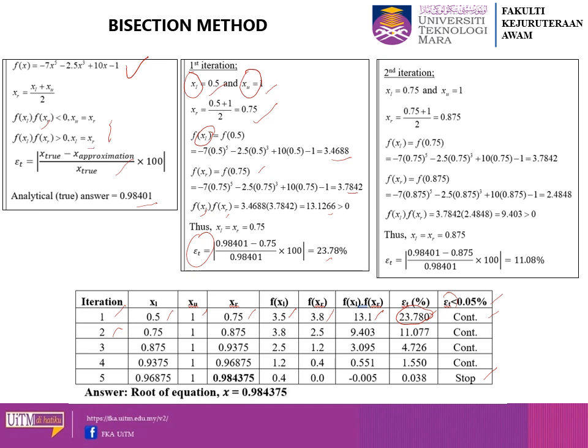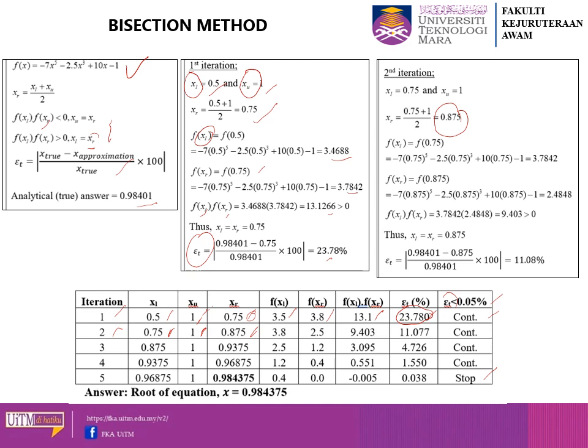If more than 0, we need to remain the XU, the same as the previous one, the value is 1, but the XL becomes equal to the XR. That's why we take XL here equal to the previous XR, 0.75. When we have the new XL and XU, we can calculate the XR by using the formula of XR. For the second iteration, we get XR as 0.875.